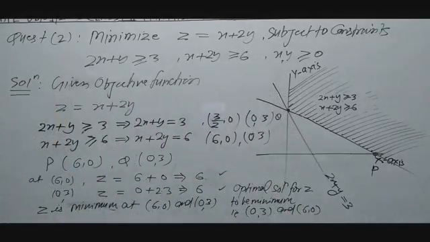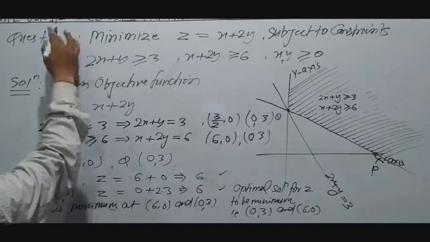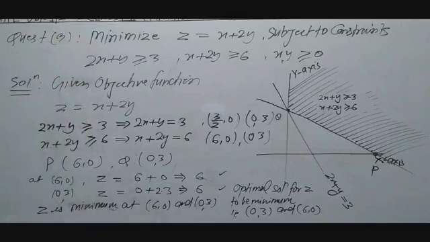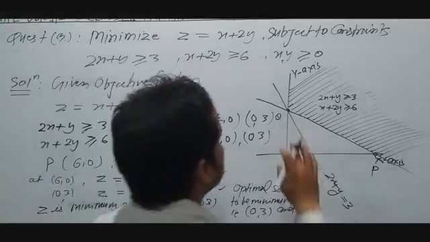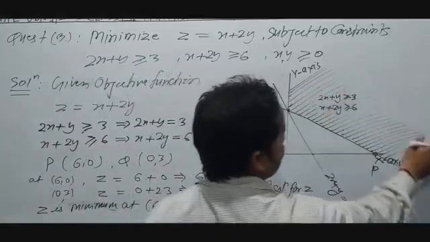See, now this question is question number 3, not question number 2. And this is the feasible region. You can see.